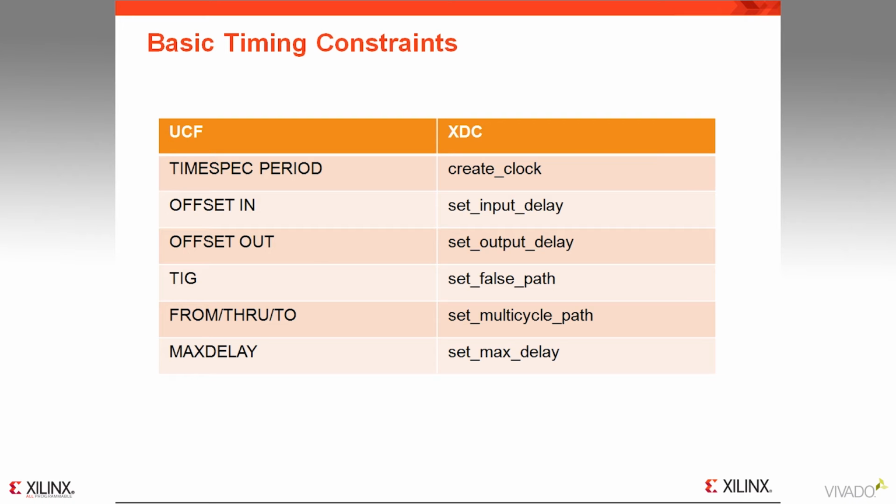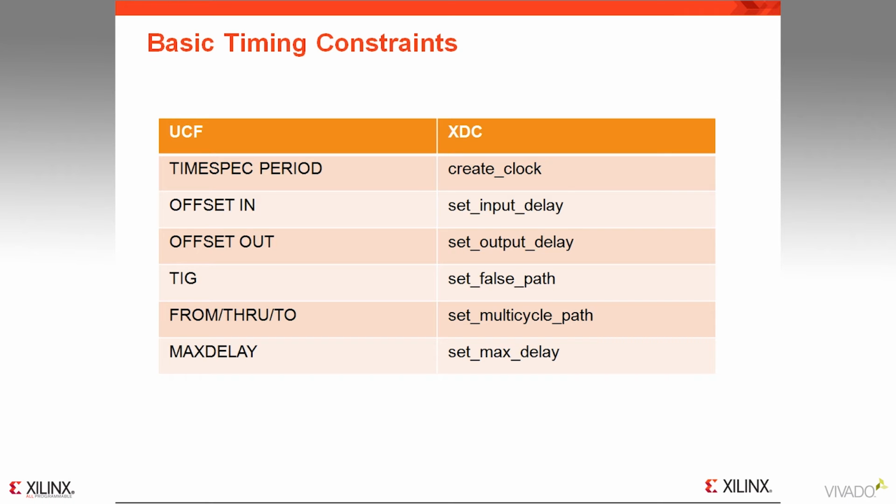Now it gets a little more complicated. Many constraints in UCF that can be described with FROM, THRU, TO, and TIMESPEC constraints have no direct equivalent in XDC. The closest equivalent to a FROM-TO constraint, where you apply either a clock multiplier or a fixed delay that is a multiple of a clock period, would be the set_multicycle_path constraint. Other examples of fixed delay constraints would be max delays.